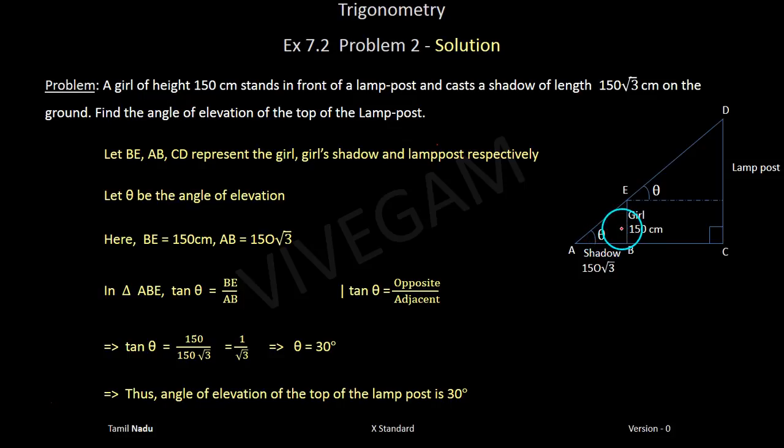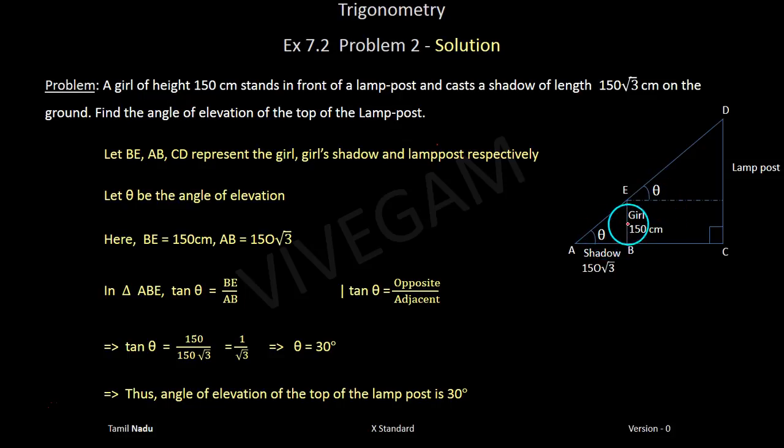And tan theta is opposite by adjacent. So let theta be the angle of elevation. Let BE be the girl, CD be the lamp post, and AB be the shadow. Theta is the angle of elevation, and it's also the same angle here.